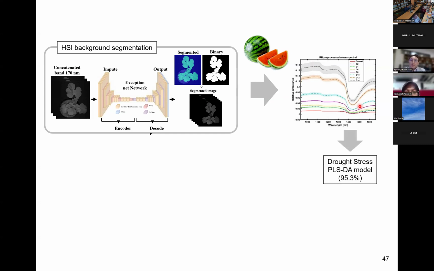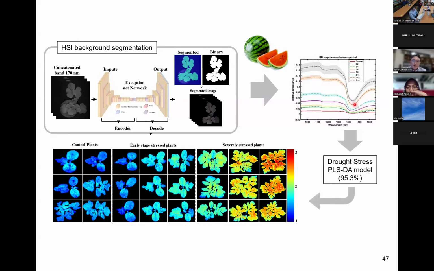Then the plant is exposed to drought stress. After some time, we stop the watering and then measure the stressed leaves every 2 days. Here, like this. Okay, hyperspectral images result.